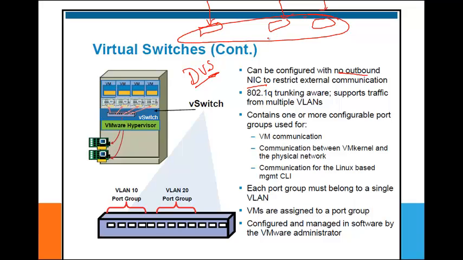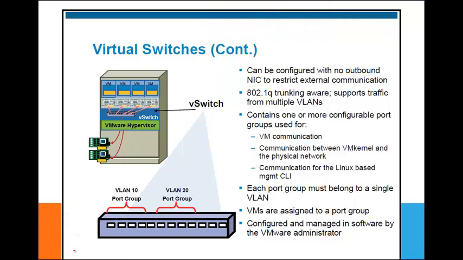So what did I say yesterday? We can have multiple vSwitches in the same host. We can also have multiple switches on different hosts clustered together, but that cannot be clustered by vSwitch.